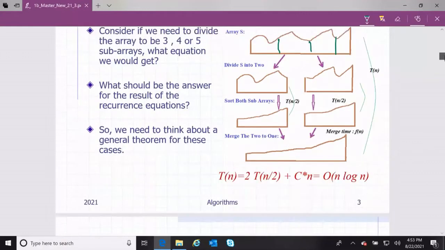We can move down a little bit to write this equation in general form. T(n) equals a T(n divided by k), that means we split into k parts, plus, we don't know if it is linear or not linear, so we use f(n) to represent it.